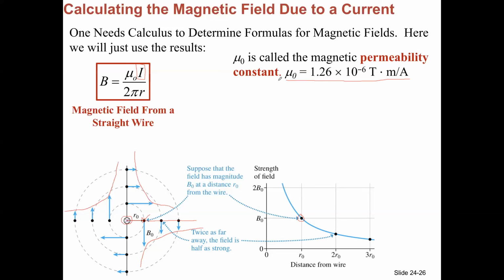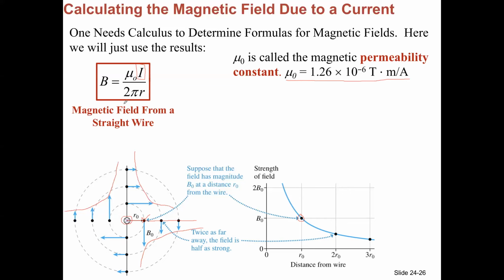It's like the force constant k in Coulomb's law, or the big G constant in Newton's universal law of gravity. So it has to be determined experimentally. And once we have done that, then we can use it wherever it appears in the formula. The 2 pi in the denominator comes from calculus, from solving an integral that I'm just going to state has to be there.